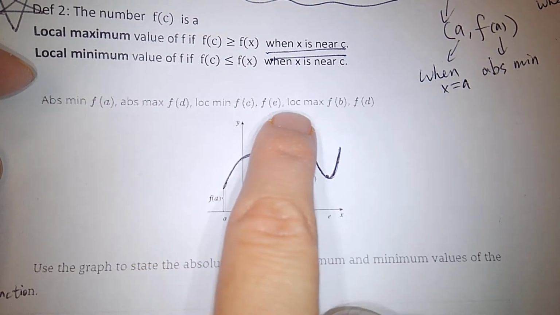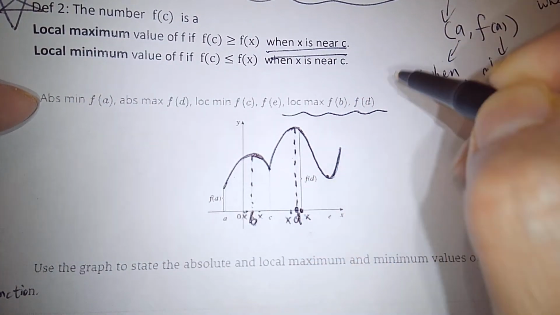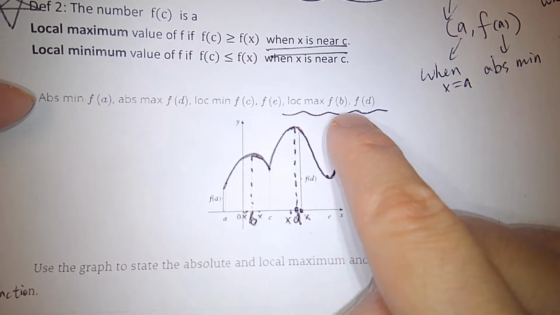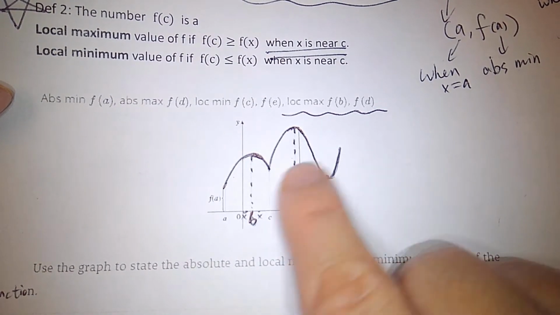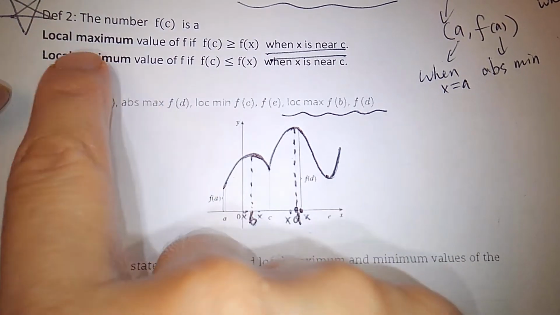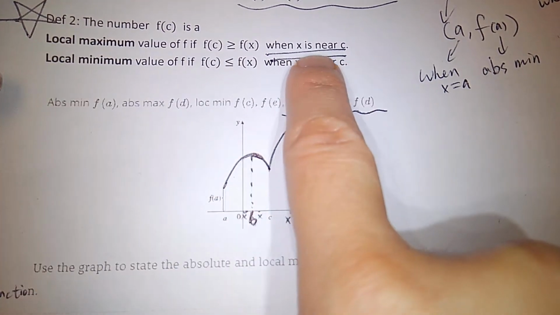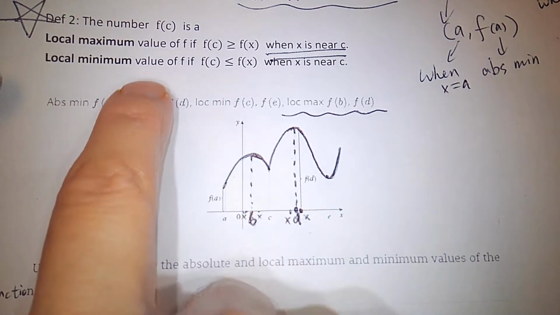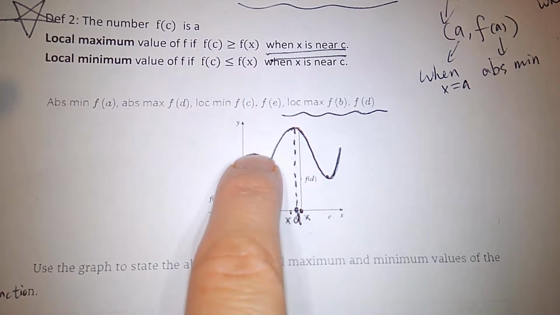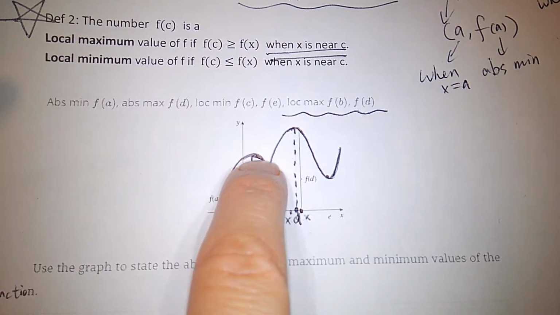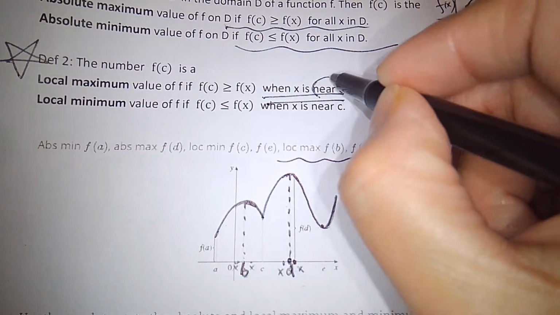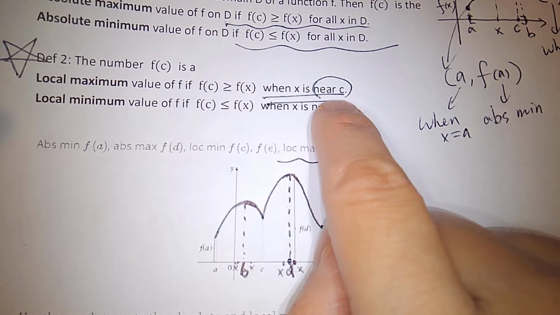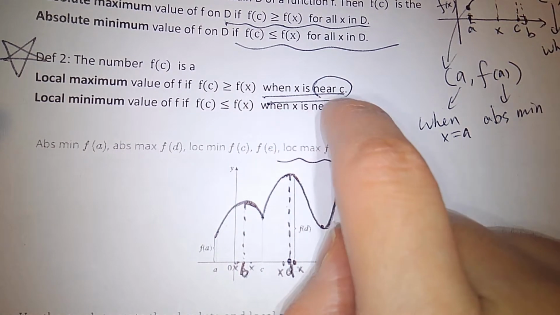So that's why we have local maximum f of B and f of D. Guys, do you see that from the graph? So local means when x is near c, and f of c is greater than or equal to those f of x. How do you understand near c? This near c must be in both directions.